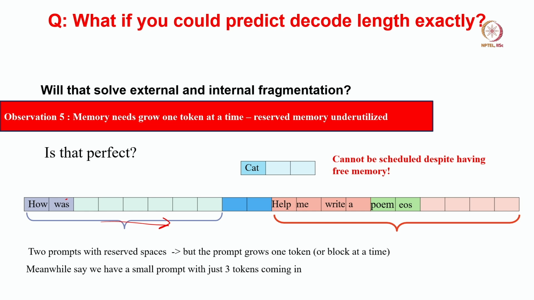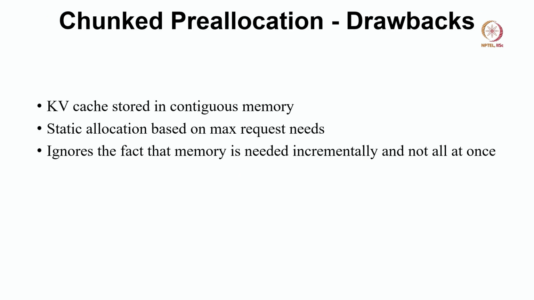But if we have another prompt which cannot fit in the remaining amount of memory, we cannot schedule that prompt. But we could have scheduled it, there is a lot of space remaining, correct. And the intuition here is that we just generate one token at a time, so we don't need to pre-allocate all that memory.